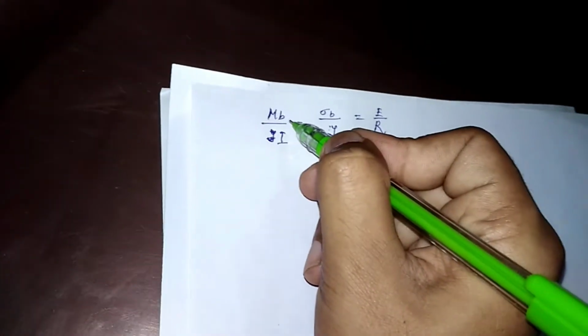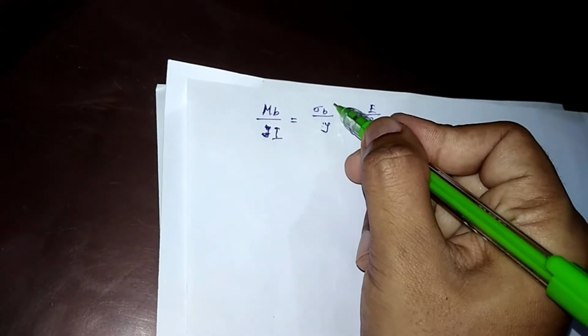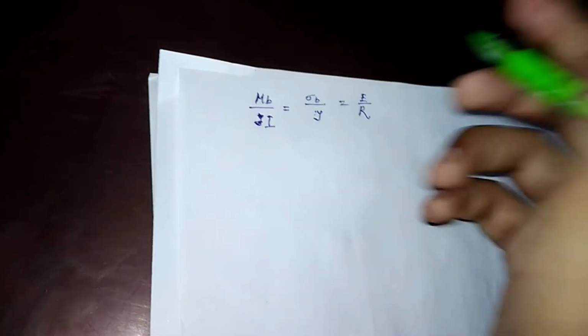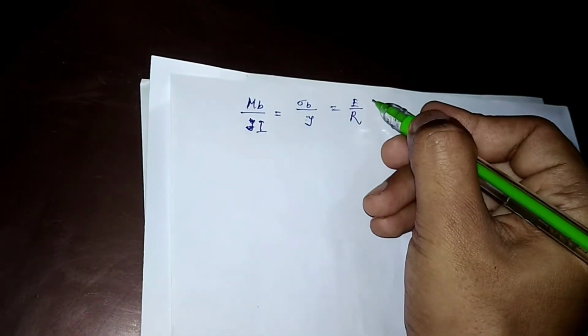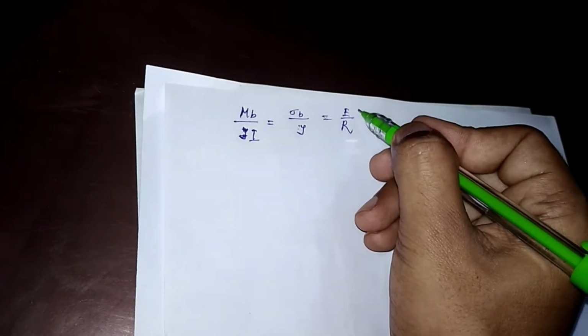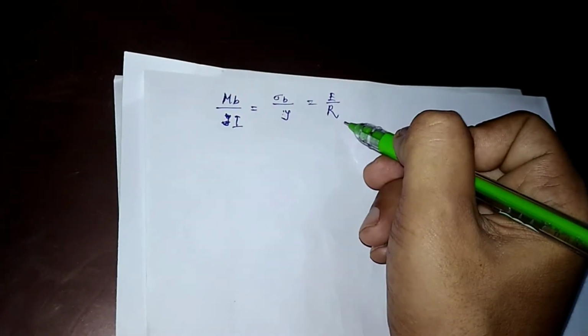Here Mb is the bending moment and I is the moment of inertia. Sigma is the bending stress, or you can say normal stress, and y is the distance from the neutral axis, and E is the elastic modulus or modulus of elasticity, and R is the radius of curvature.